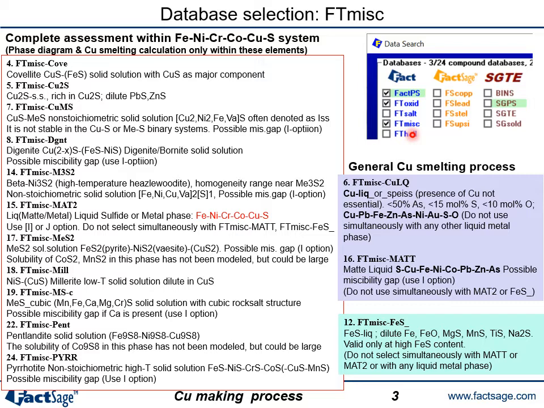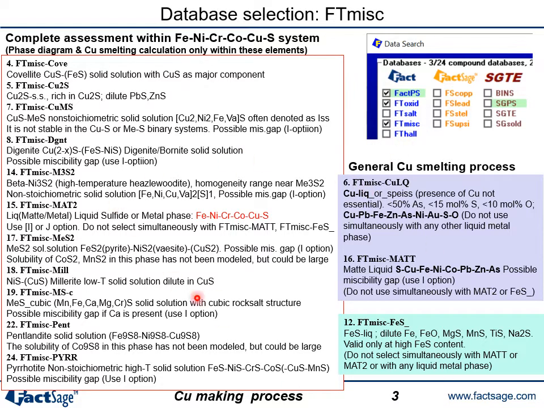And then about 10 years ago, we developed a new matte database and the old sulfide mineral database, which is useful for the phase diagram calculation for the sulfide-containing system. So that's why it is a little bit confusing sometimes, what kind of database, what kind of solution you have to use in the FTmisc database.